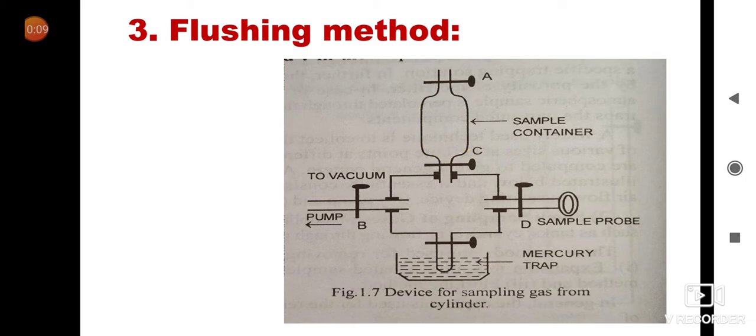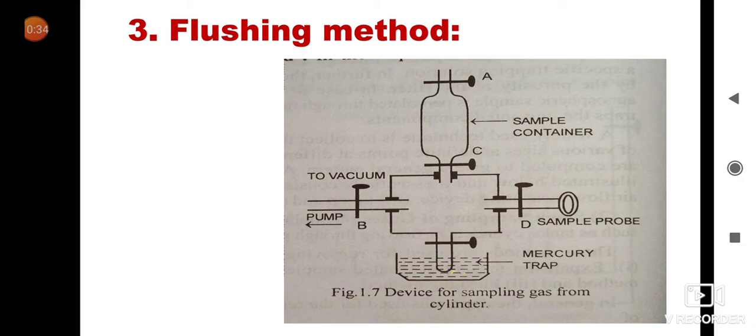At the lower end, the tube is dipped into a vessel containing liquid. This is the mercury trap. The function of the mercury trap is to trap excess gases. Excess gas coming through the sample probe into this device will be trapped in the mercury trap.